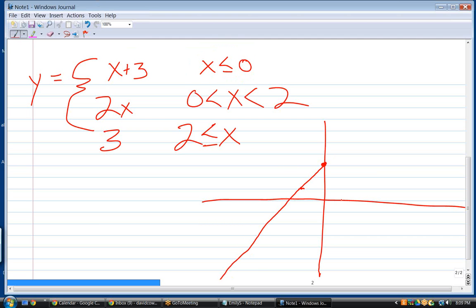Now let's go to the interval 0 to 2. And what would the line 2x look like? What would its y-intercept be? It would just be 2. No, its y-intercept would be 0. Its slope would be 2.